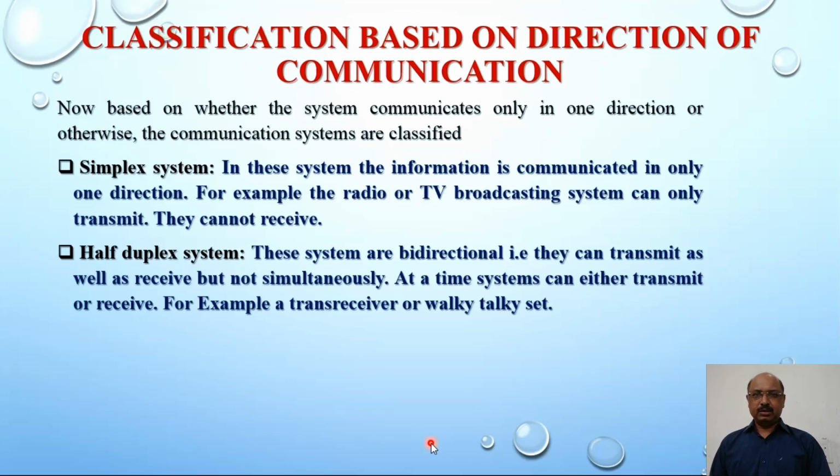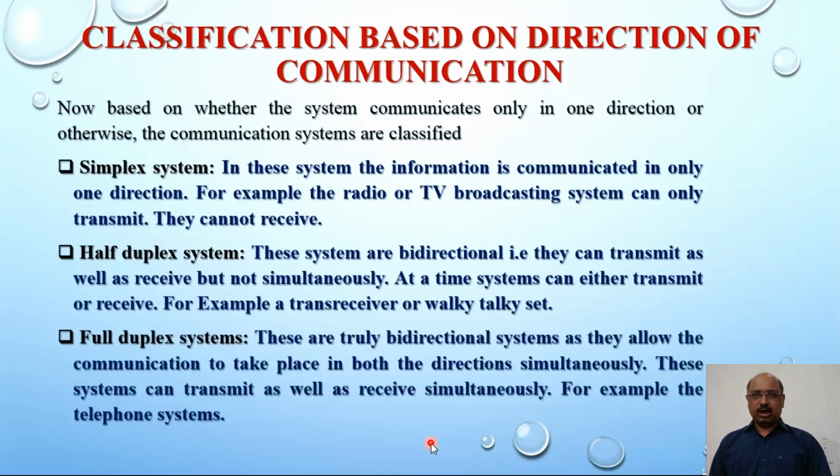For example, a transceiver or walkie-talkie set. Now, third one is the full duplex system. These are truly bidirectional systems as they allow communication to take place in both directions simultaneously. This system can transmit as well as receive simultaneously. For example, the telephone system.